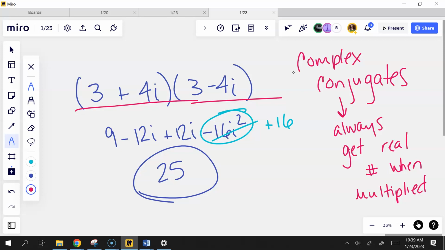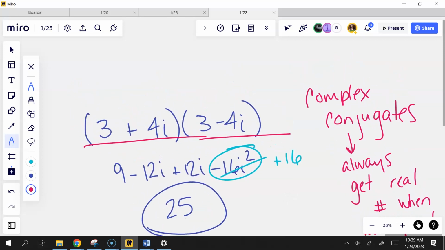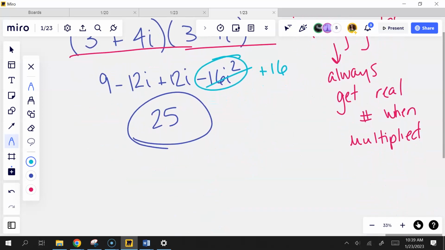Okay, so what are complex conjugates, first of all? These are complex conjugates. Tell me what you think that means to be a complex conjugate. That's exactly right. Yeah. So if I had 2 plus 7i, what would the complex conjugate of that be? 2 minus 7i.